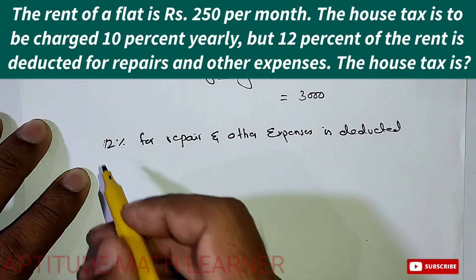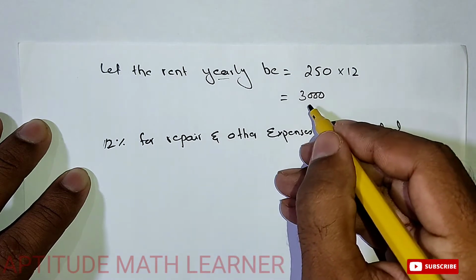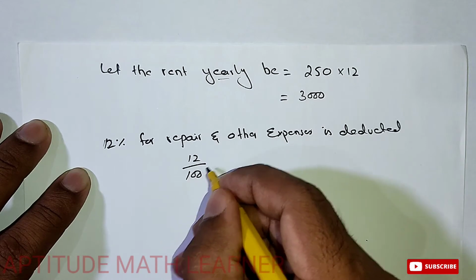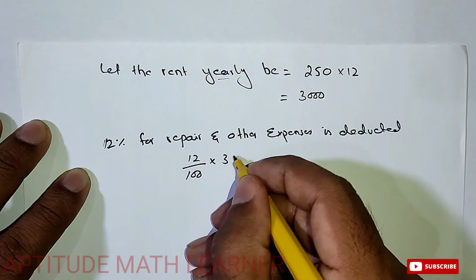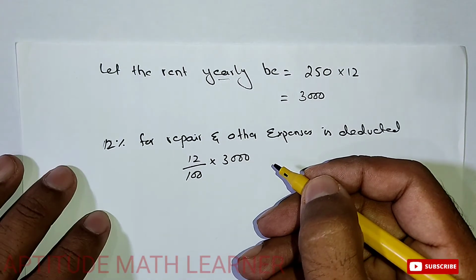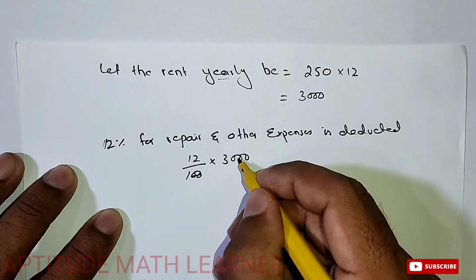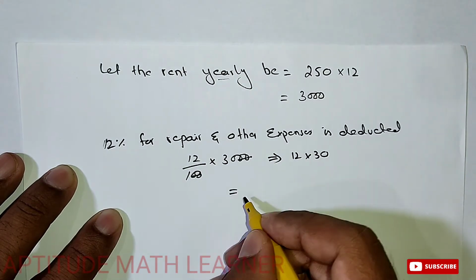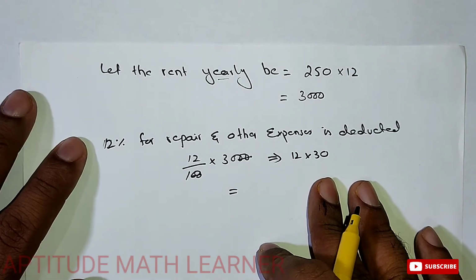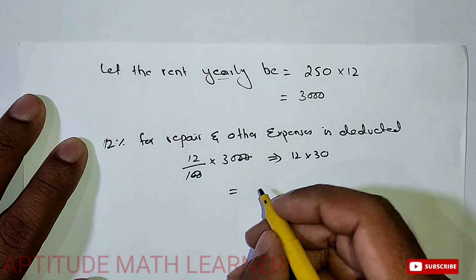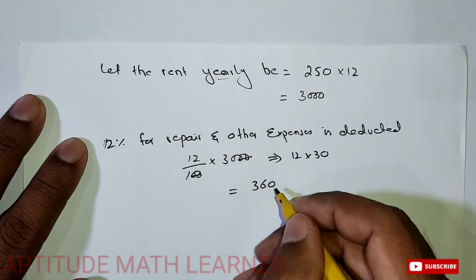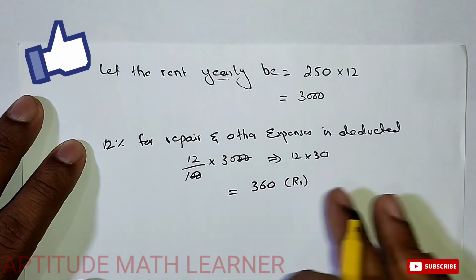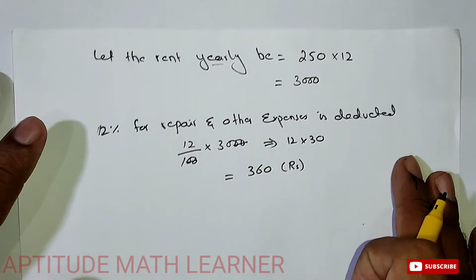And how much is 12% of 3,000? So 12% of the whole amount which he has to pay yearly. Here we cancel out 2 zeros, so this becomes 12 multiplied by 30, that is 360. So rupees 360 is deducted for the repair and other expenses.